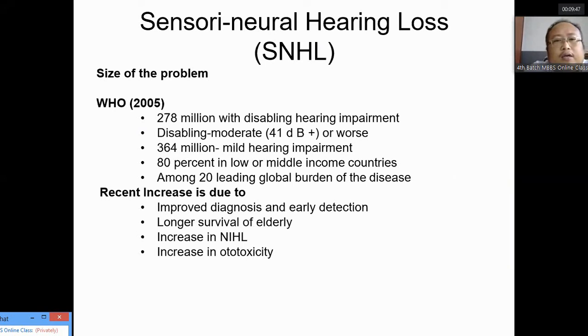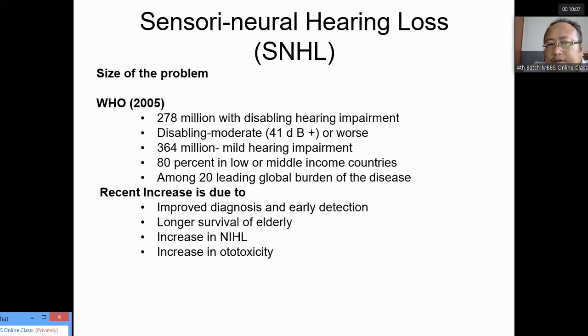Let's discuss the size of the problem. Why is sensorineural hearing loss so important for us? For reference, I'll be mentioning the WHO.